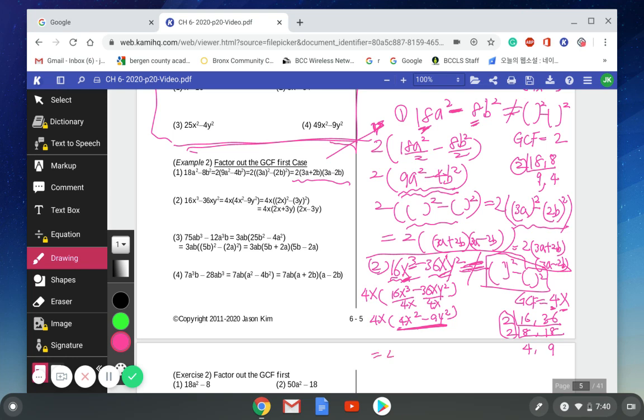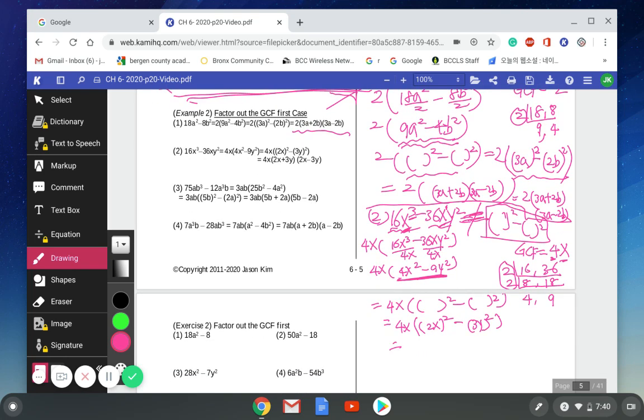So then it becomes 4x with something squared minus something squared. Can you make it that way? Yeah. Now I'm going to just get rid of the outside one. The square of 2x and the square of 3y.